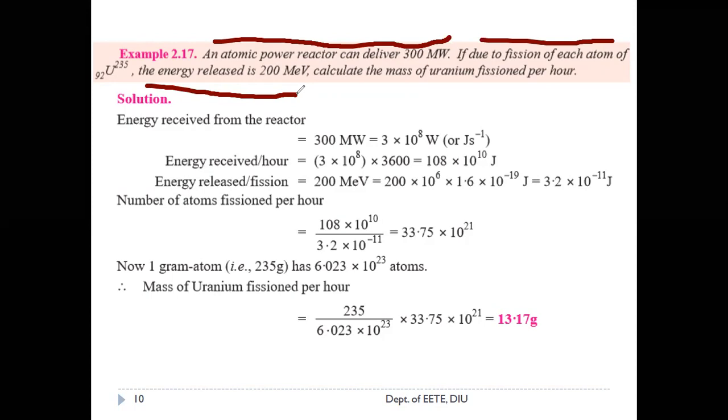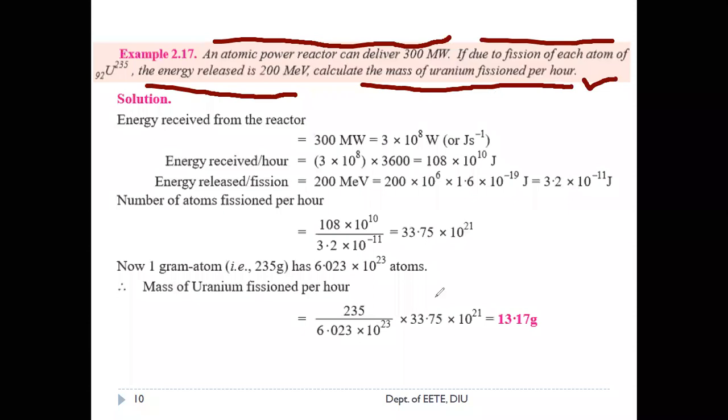Mega means 10 to the power 6, and one electron volt is 1.6 into 10 to the power minus 19 joule. So calculate the mass of uranium fissioned per hour. That means we have to calculate how much uranium we require per hour for the fission reaction. So that we need to find out.